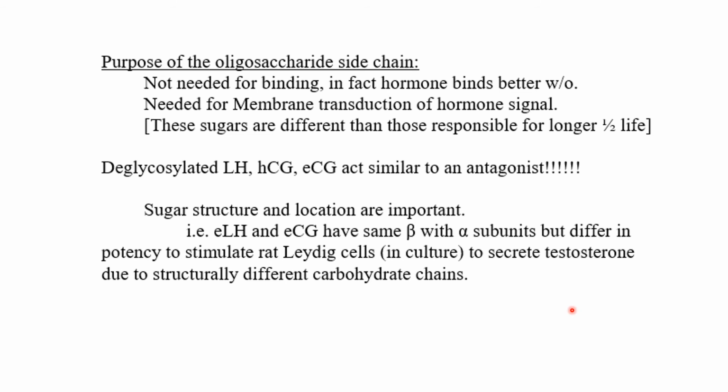So in general, the sugars attached to a glycoprotein protect that protein from enzymatic degradation and extend the half-life. But there are also sugars on there that are needed for membrane signal transduction. So they carry on the signal, and probably it involves G protein or adenylate cyclase activation.